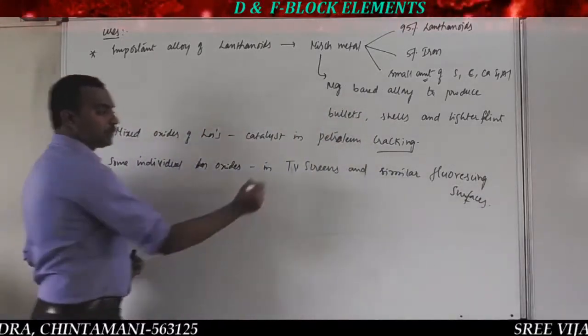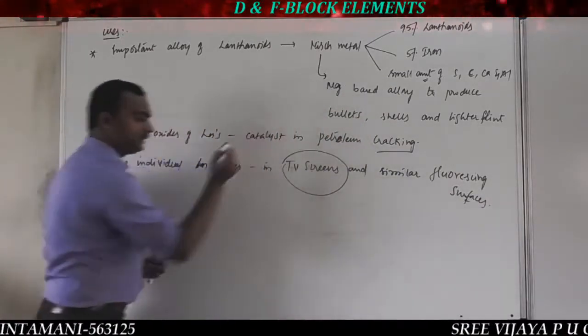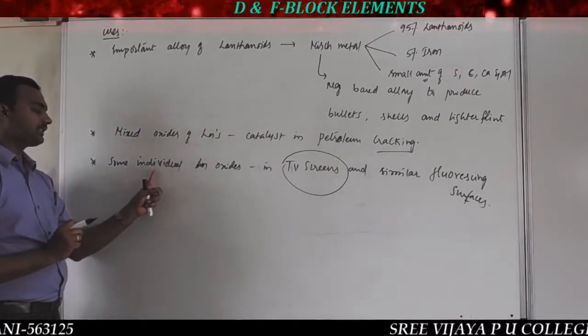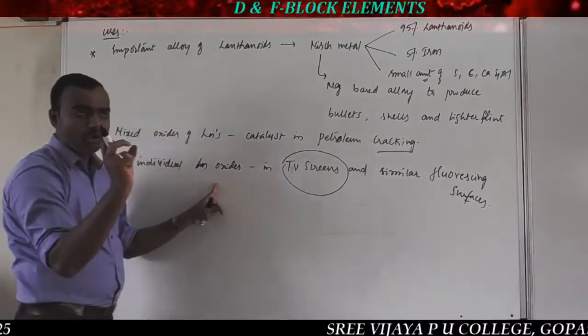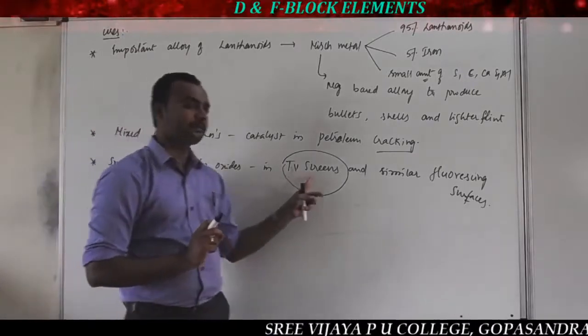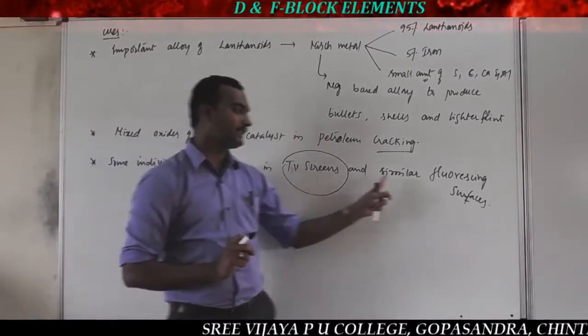So in televisions, phosphors come, and for those phosphors, some individual lanthanide oxides are used to prepare TV screens and also similar fluorescent screens.